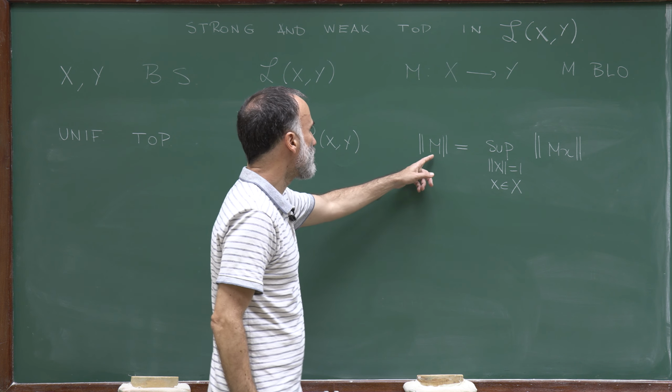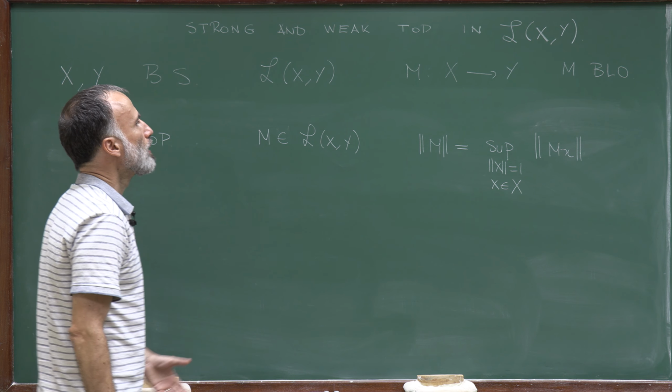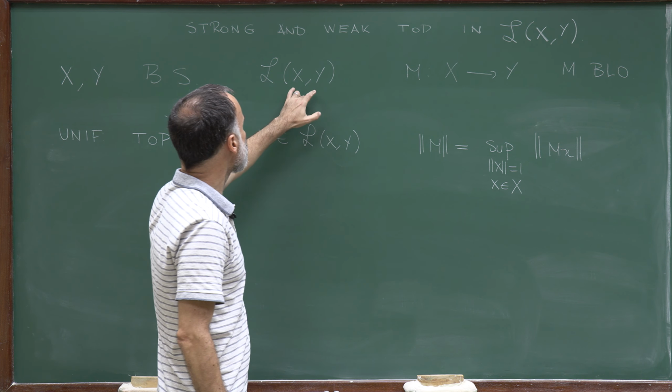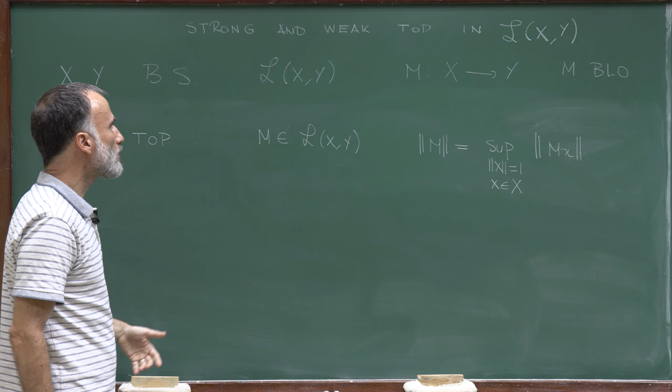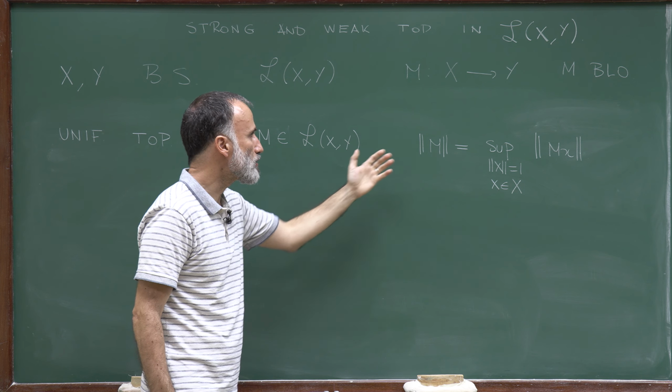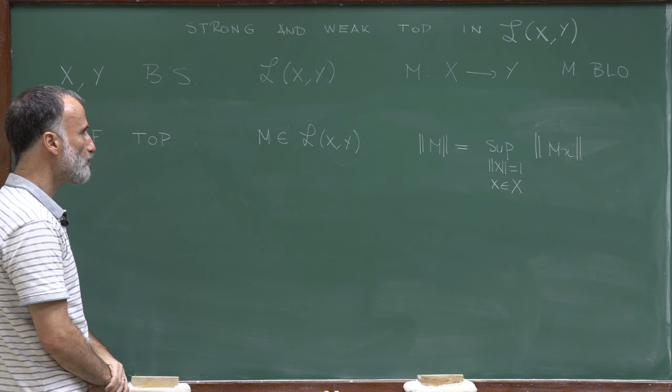We have shown that this is a norm. This norm induces a distance in this linear space, and the uniform topology is the topology associated to this distance.